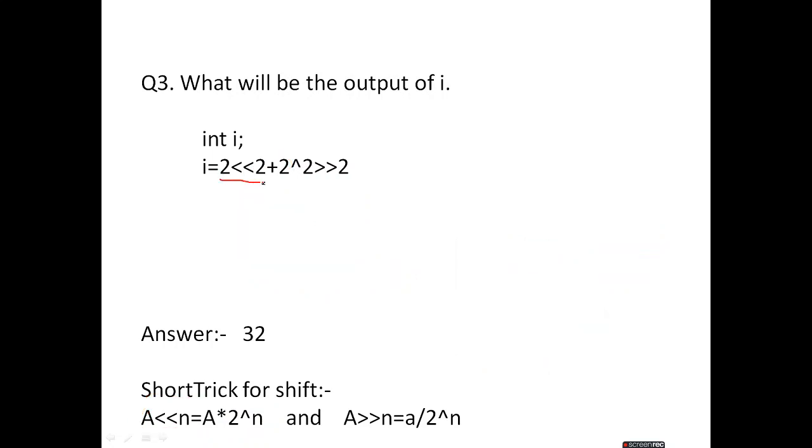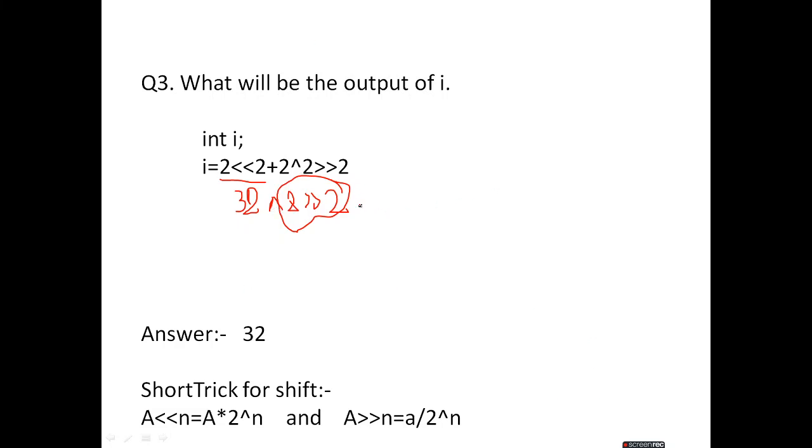So we got the 32 and this we already calculated. So XOR of 2 and then the right shift of 2. Now we will perform this first because the shift operator has higher priority than the bitwise XOR operator.